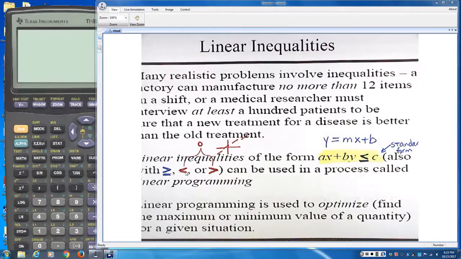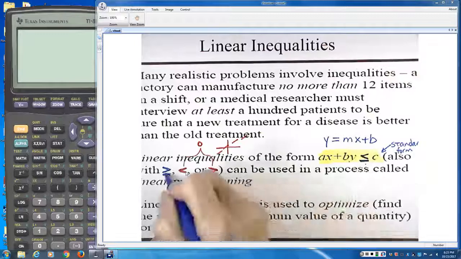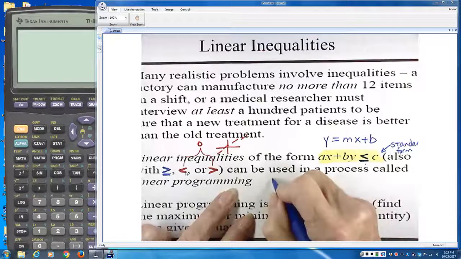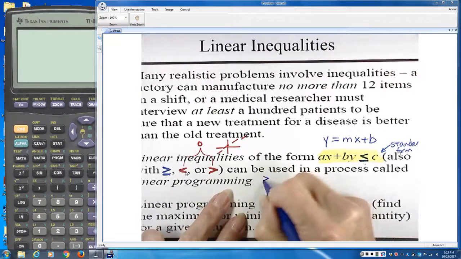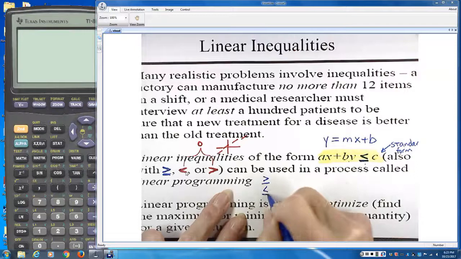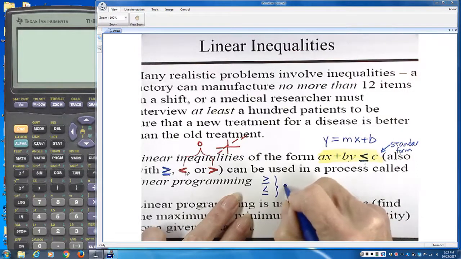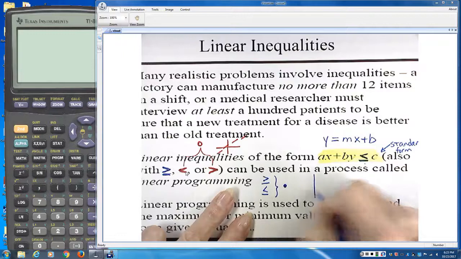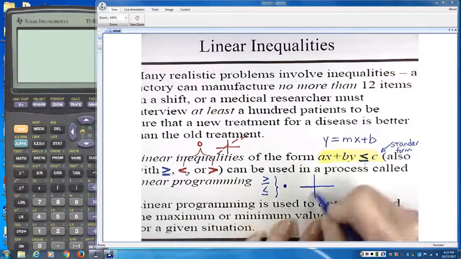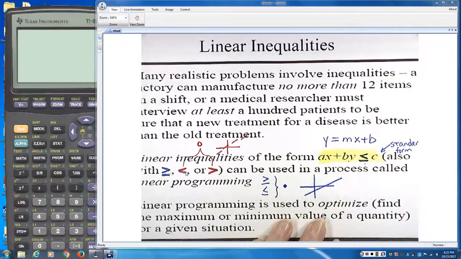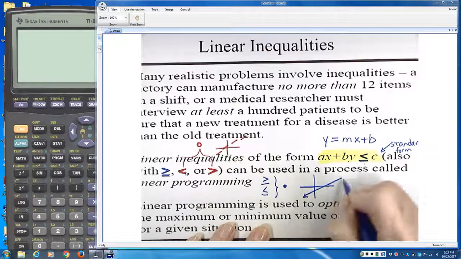It's not going to be a solid line. Whereas if I've got this symbol or this symbol on my graph, either one of those is going to be, if it was on a number line graph, a closed circle. So on my 2-dimensional graph, it's going to be a solid line. So that's the difference between the 2.